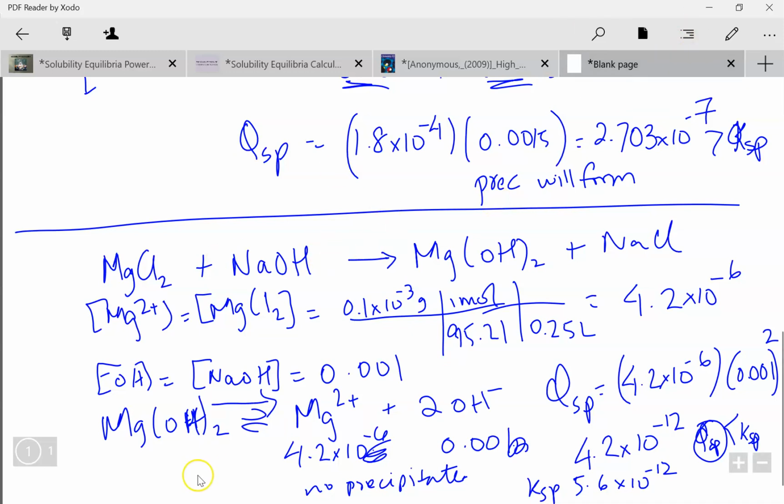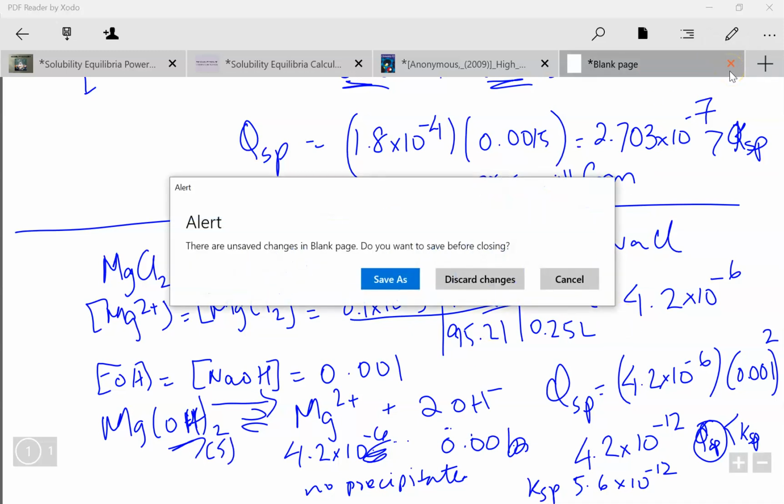At equilibrium, if we're comparing, it lies mostly to the side of ions. Equilibrium essentially implies a saturated solution, and this is not saturated yet, so there will be no precipitate forming because it's not saturated.